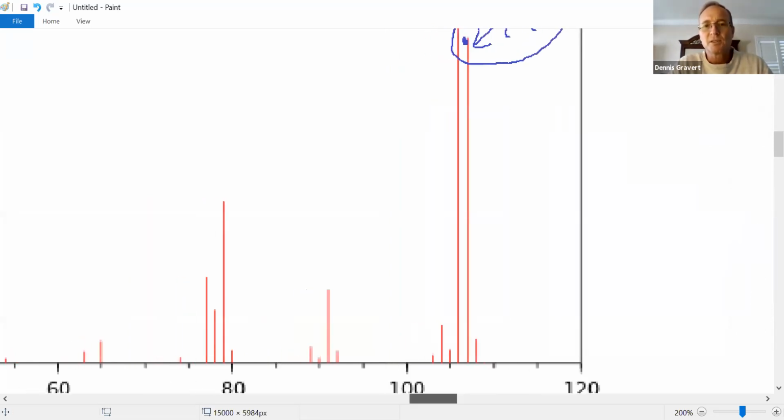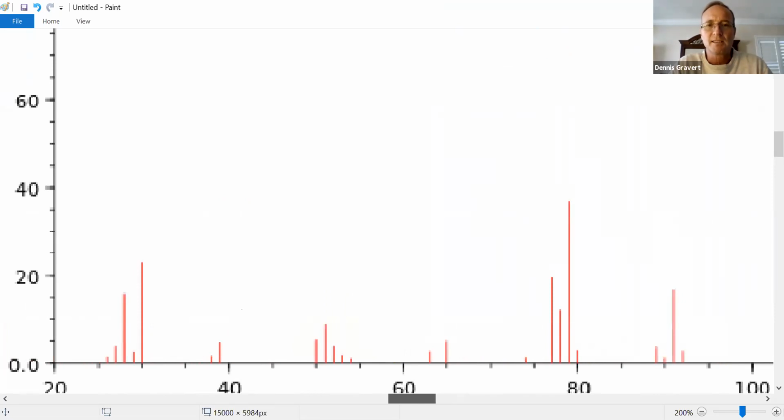Okay, what you need to do is scroll over here till you see something with a lot of peaks, and kind of get familiar with the spacing between the peaks. So over here, this one's nice because I got a little tick mark here and a tick mark here, tick mark there. What are these numbers? Well, we're told this tick mark is 40, this one's 60.